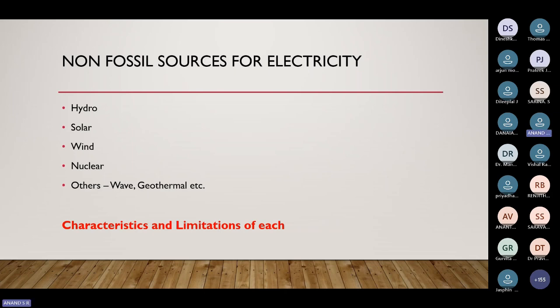Now the next source is nuclear. We are using coal-based energy as base, as well as for varying the generation as per the load requirement. So if you go for nuclear, it is clean energy and does not cause much damage to the earth or to global warming. But nuclear energy has a problem that started right from the beginning of its development.